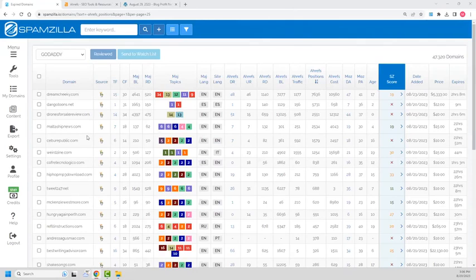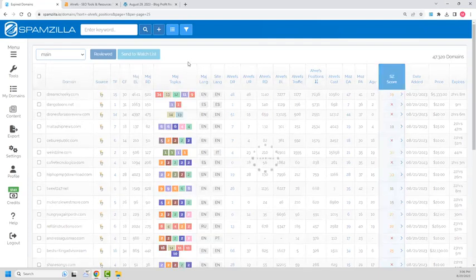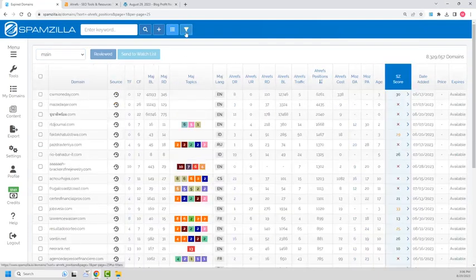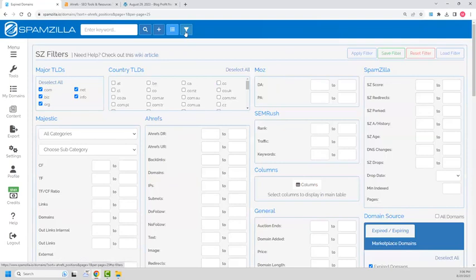Now, when you get Spamzilla, you're going to see that there are several different things you can have. Yours is going to be a new account, so it's not going to have all this stuff here. What I've done is set different parameters using this filter tab. It asks what kind of domain you want: .com, .biz, .org, .net, or all these others.